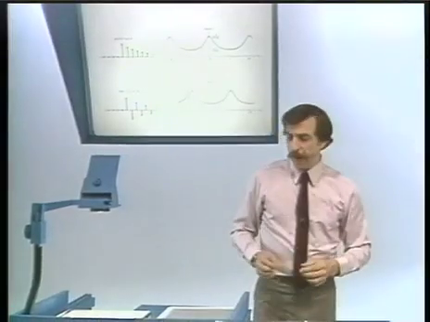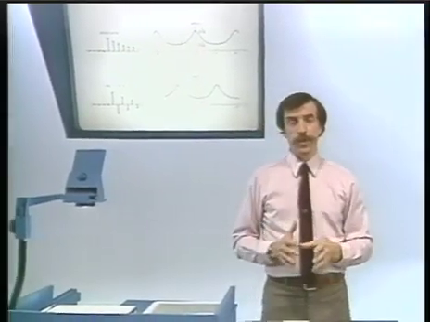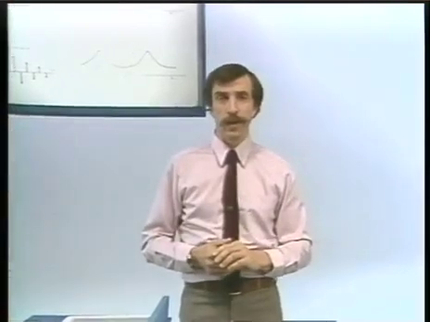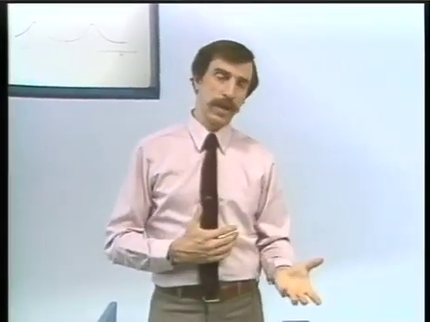So, a first-order difference equation has a frequency response, depending on the value of A, that looks approximately like a low-pass filter for A positive or a high-pass filter for A negative, very much like the first-order differential equation looked like a low-pass filter in the continuous time case.